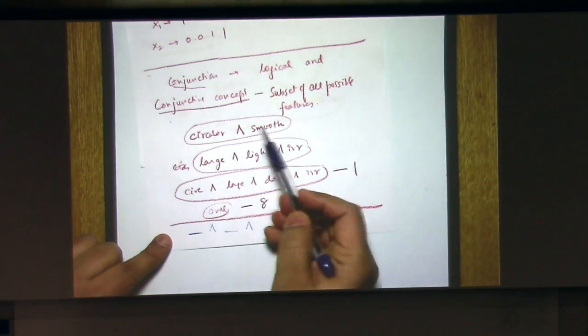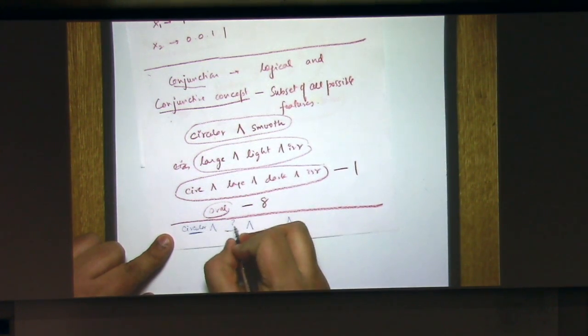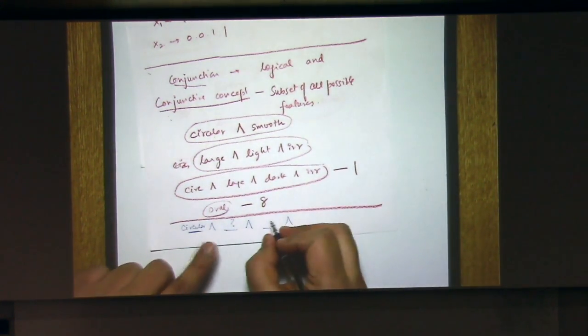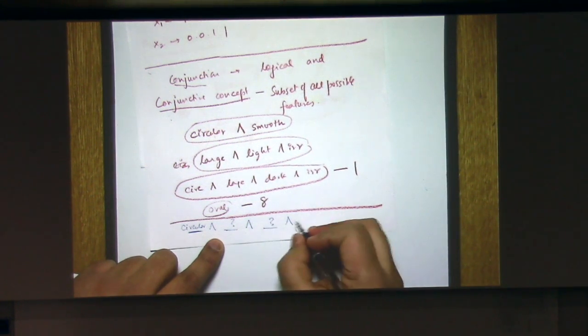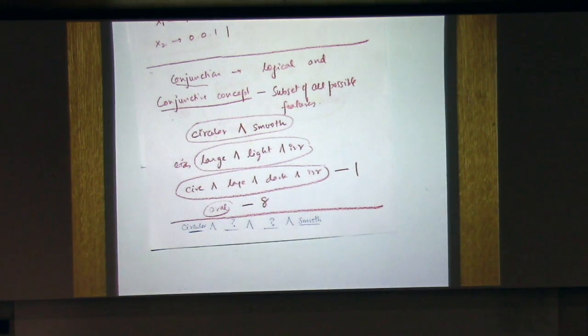But circular and smooth can also be written as circular and question mark and question mark and smooth, because we don't care about those particular features, right? So that's just another way so that every concept can be written as 4 things, but some could be question marks, some could be like this, right? So that is just a notation thing.